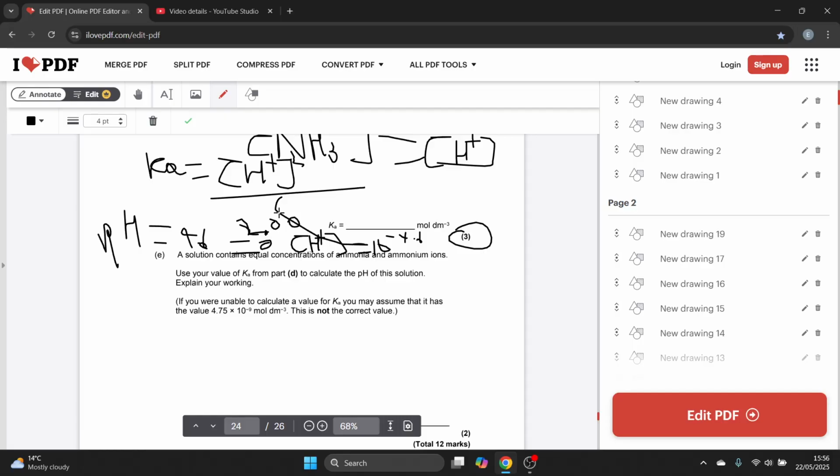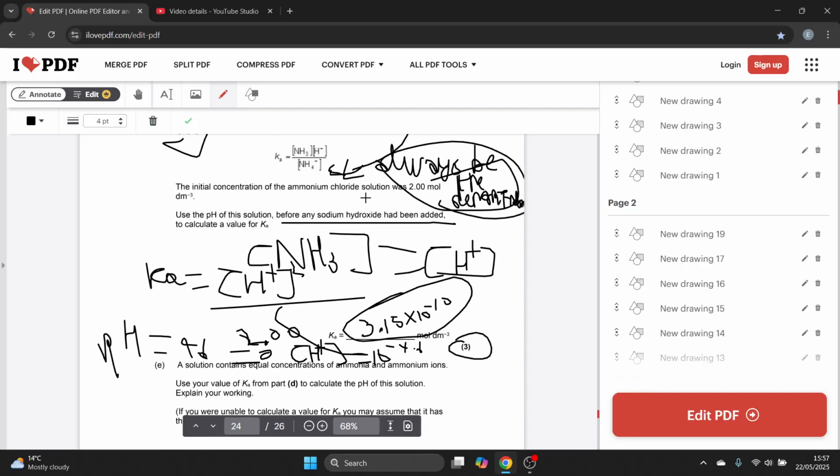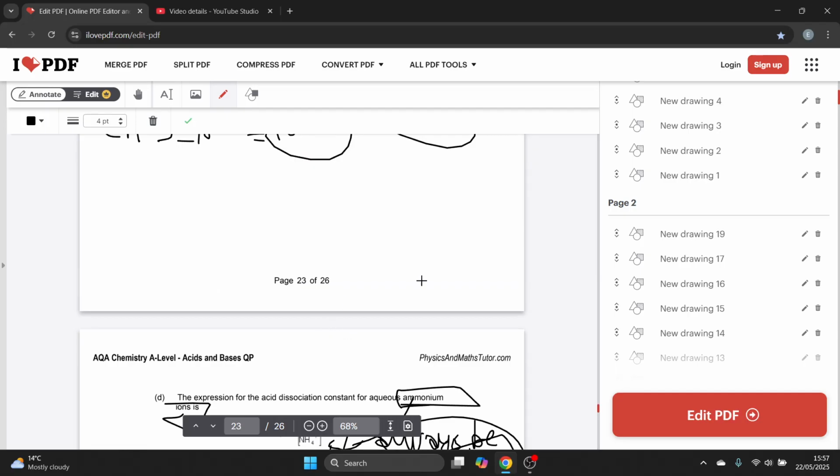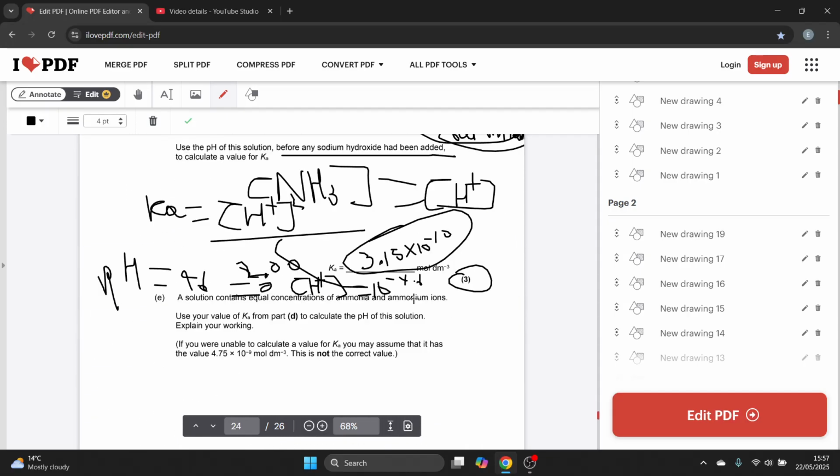I calculated the rest of the work and I get the answer as 3.15 times 10 to the power minus 10. That is definitely a bit more difficult than those 3 marks.